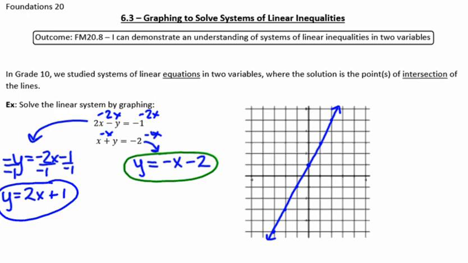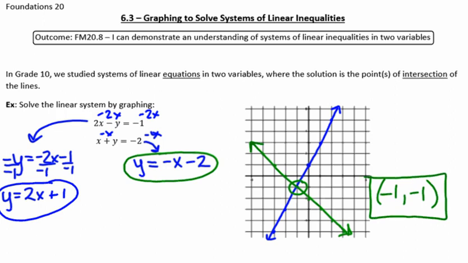So I'm going to go down 1 over 1, and my y-intercept is -2. Down 1 over 1, down 1 over 1. Connecting those points, last semester we would have said our solution is right here, this point of intersection, which is at -1 for x and -1 for y. That is our solution.